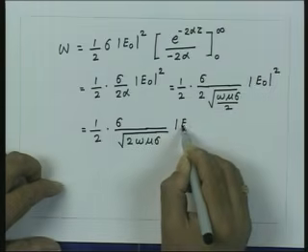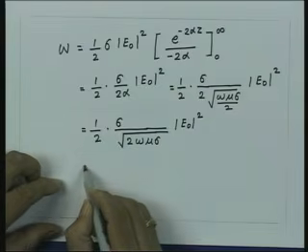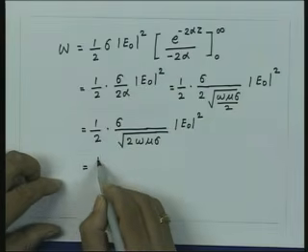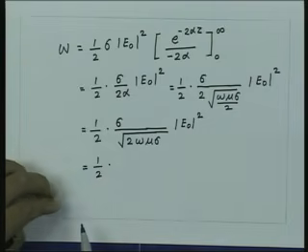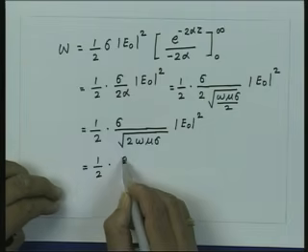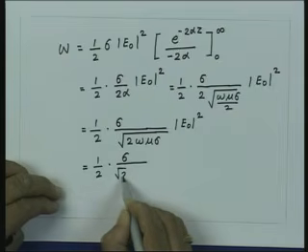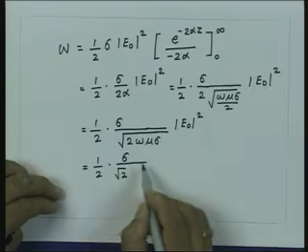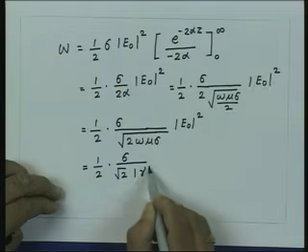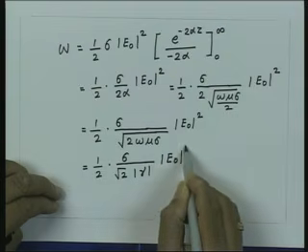So I have here half sigma upon root 2 into mod gamma into mod E naught square.